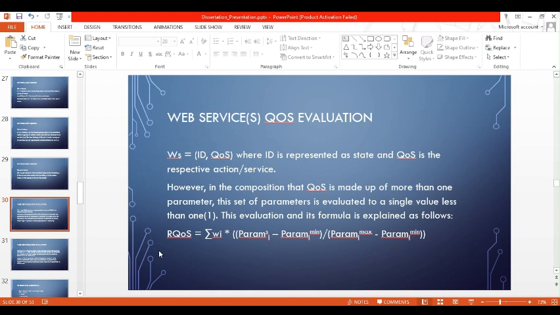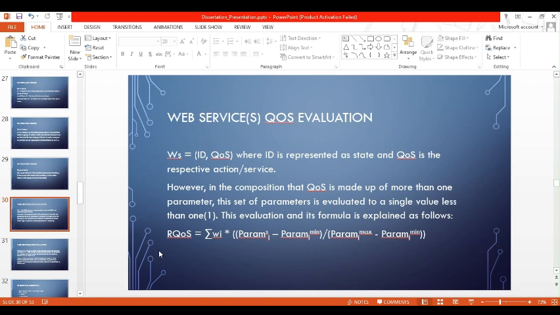For instance, the availability, the response time, and so many of them. So those have their values, and we have to reevaluate them in a way that we can bring such a set of services and their values into the simulation. It could be the Q learning or the actor-critic.